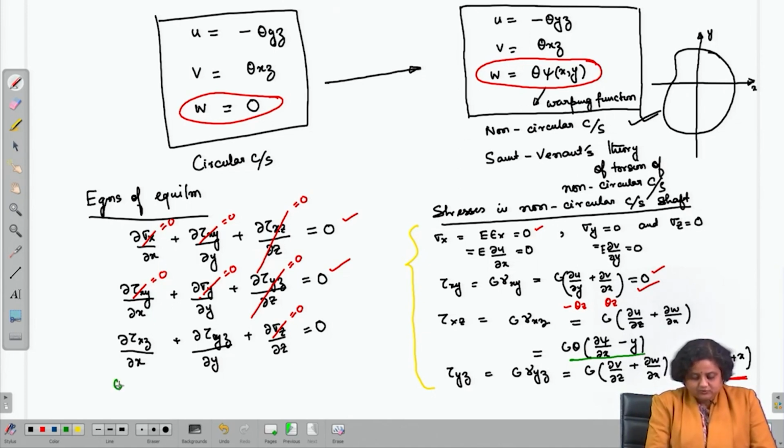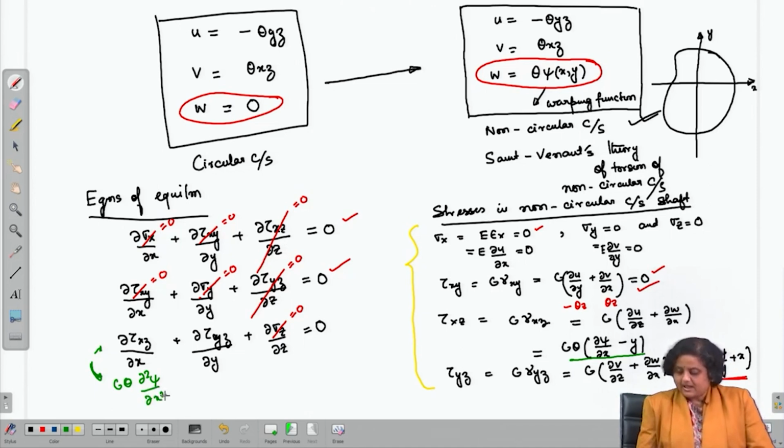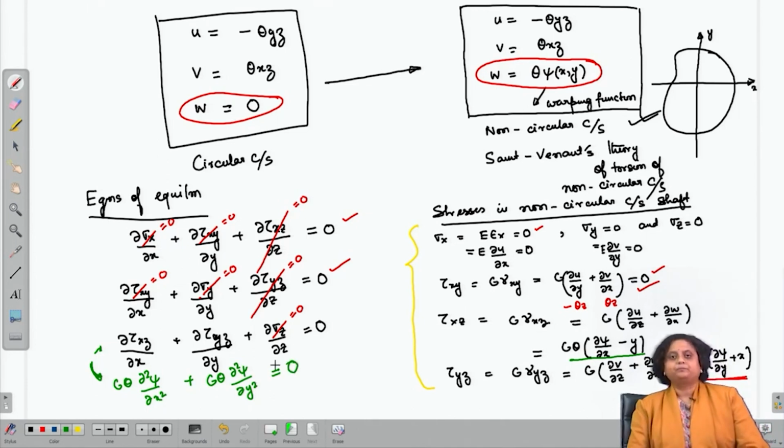So, that is going to be G theta del 2 psi by del x square, and from this we are getting G theta del 2 psi by del y square, and that should be equal to 0.